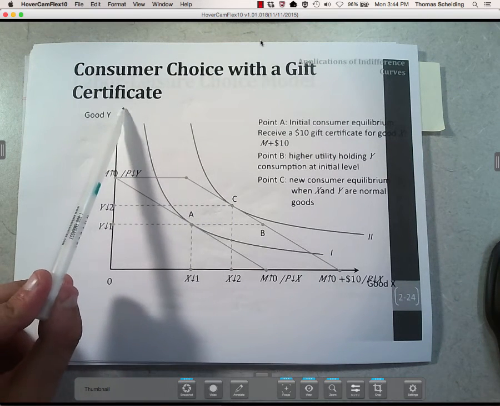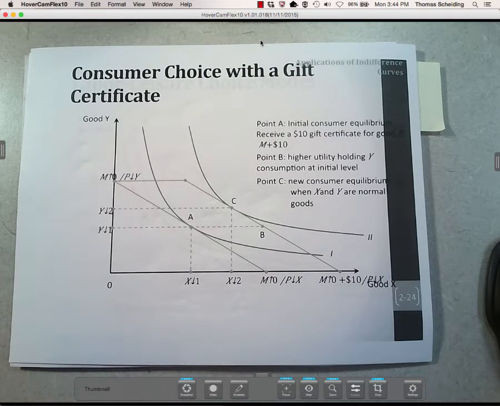Now, this isn't true of just gift certificates. Let's look at other things where this is a little bit more of a useful discussion. What about food stamps? We call it food stamps, but that's like the olden days, right? Let's just talk about it like the EBT card, basically the credit card like thing that we use for food benefits.